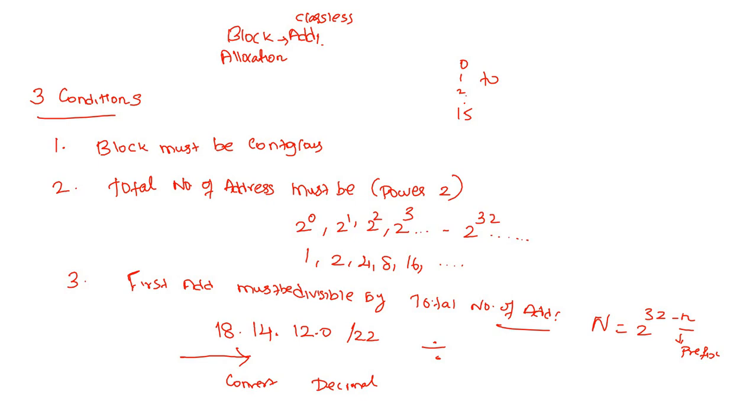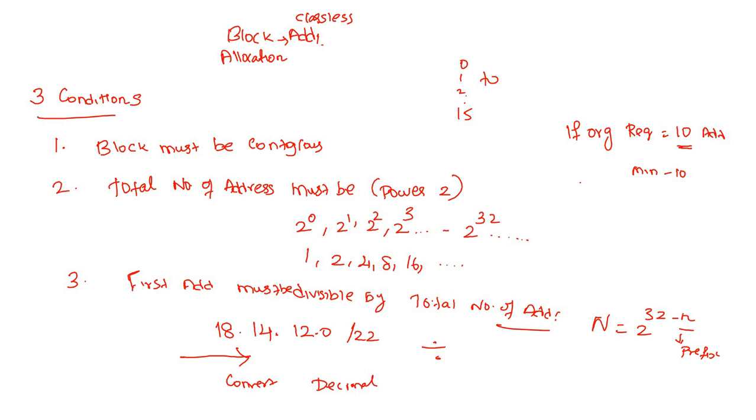The second is that the total number of addresses must be in powers of 2. For example, if the organization gives a requirement of 10 addresses, 10 is not a power of 2. The minimum requirement is 10, so among 2, 4, 8, we cannot allot 8 because the minimum is 10.